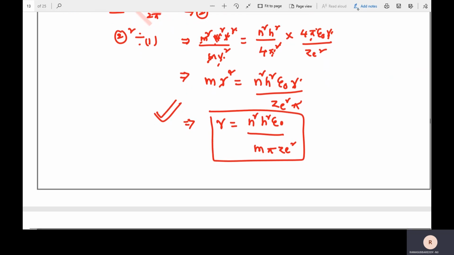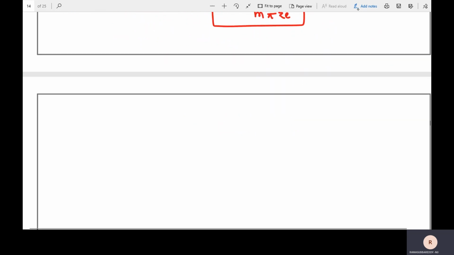Very, very important. How do we get it for the nth orbit? If it is the nth orbit, radius Rn is equal to n square h square epsilon naught by m pi Z e square.